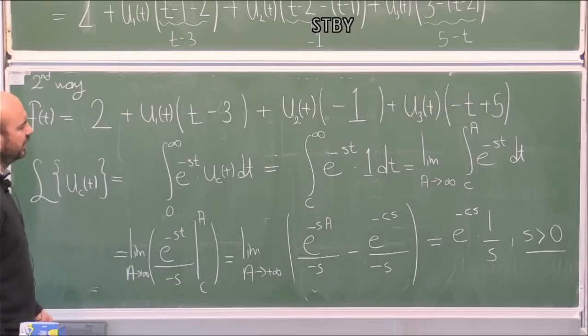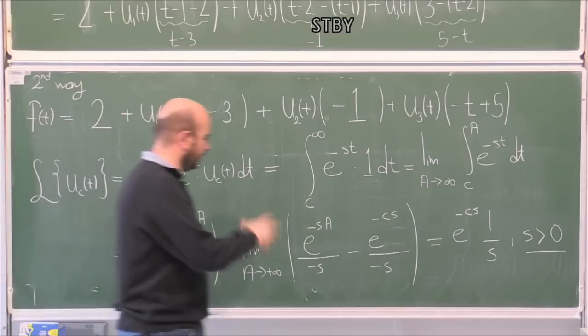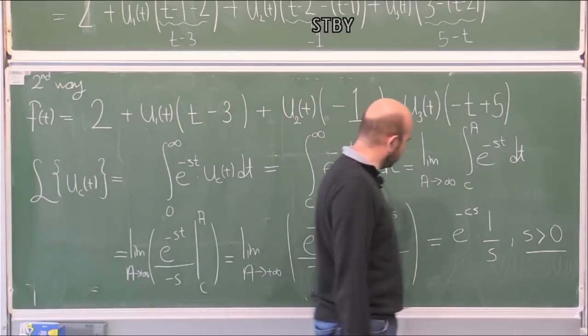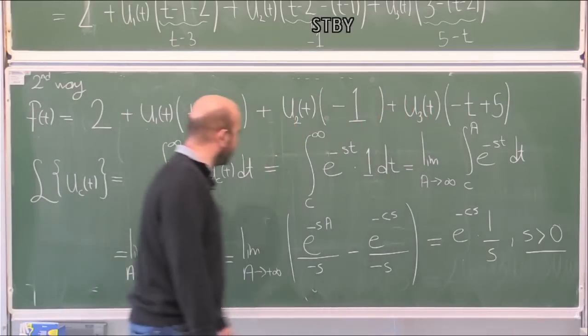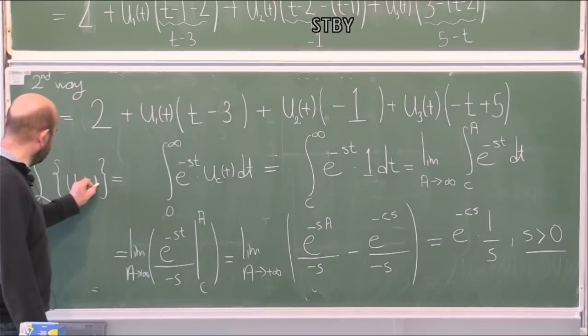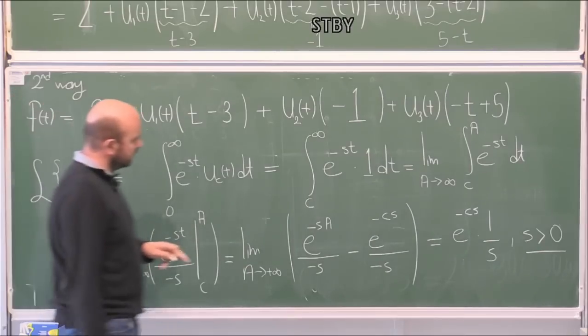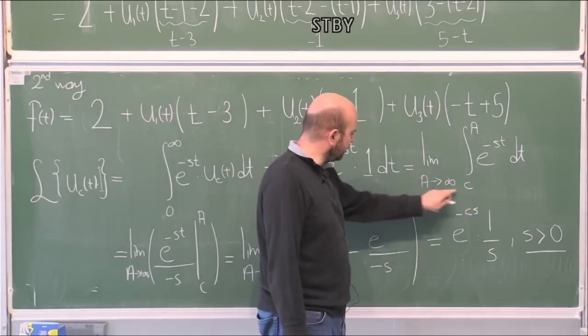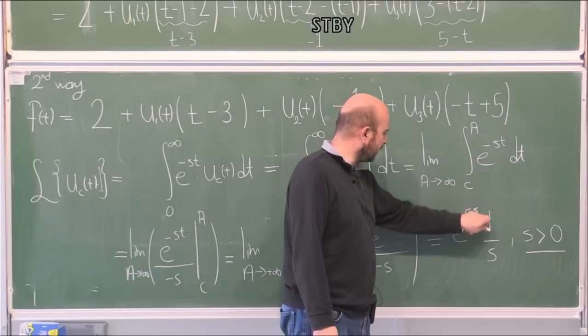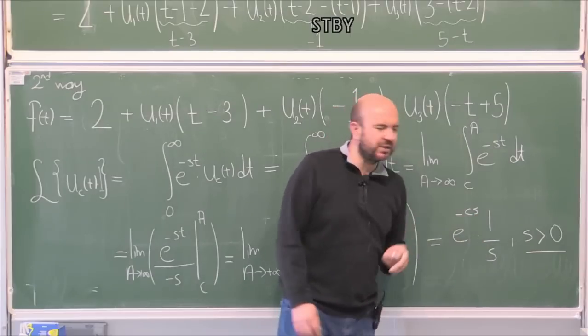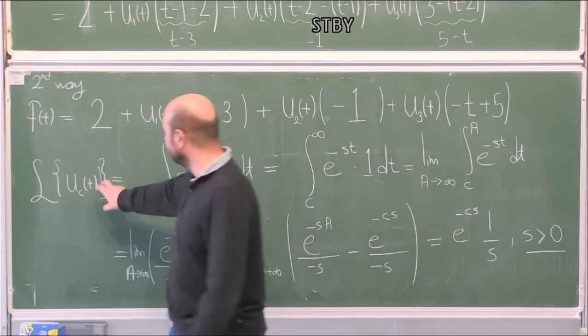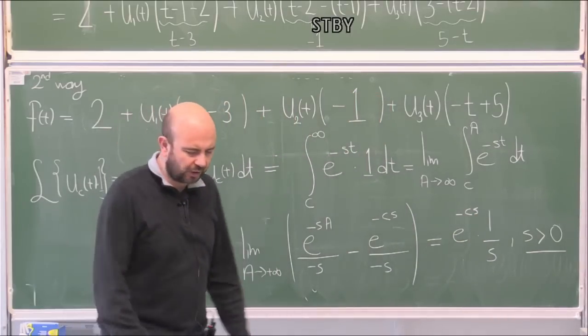at c. Now just to use the following analogy, think like there is a 1 here, u_c(t) times 1, and eventually, there's an e to the minus cs coming and times 1 over s, and we know that 1 over s is the Laplace transform of 1. Okay.